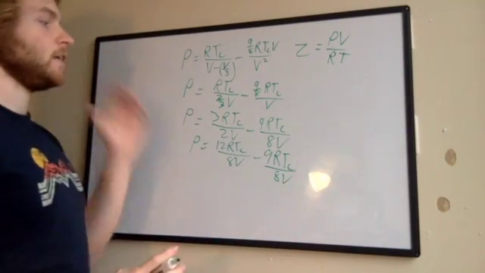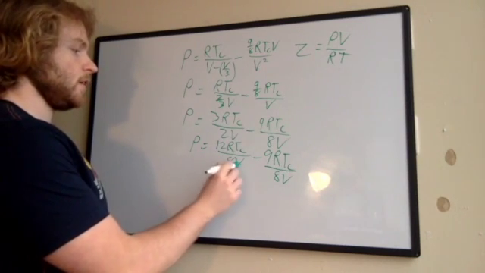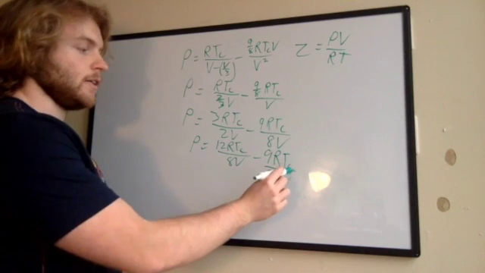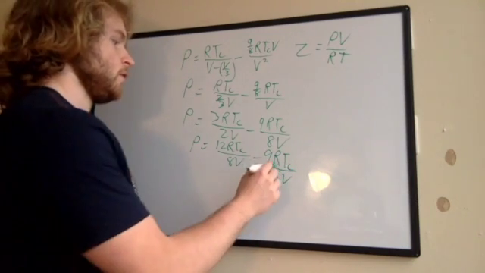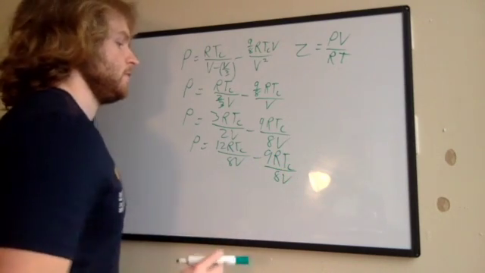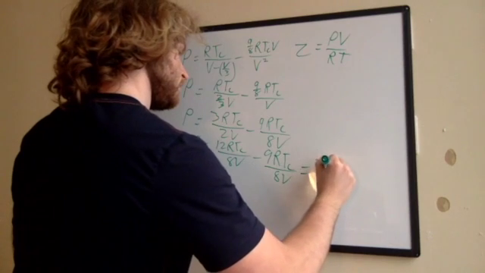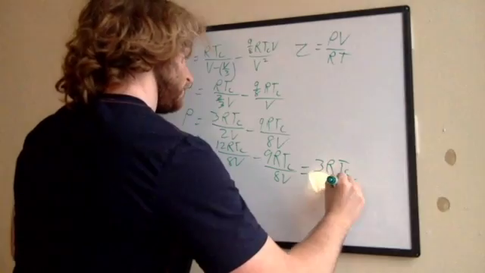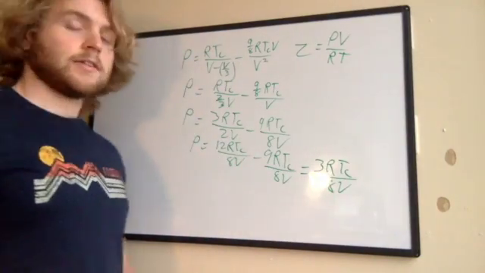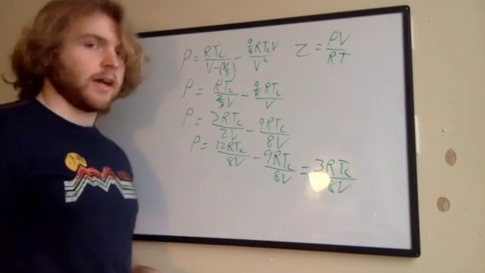As you can see, this is basically 12RTc over 8V minus 9RTc over 8V, and that simply simplifies down to 3RTc over 8V. Let's write that out: 3RTc over 8V. And there we go. That is going to be the pressure at the critical temperature for any compound.